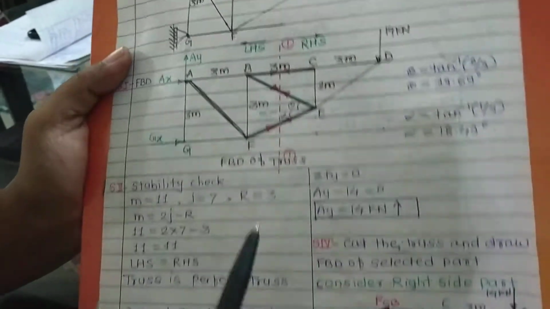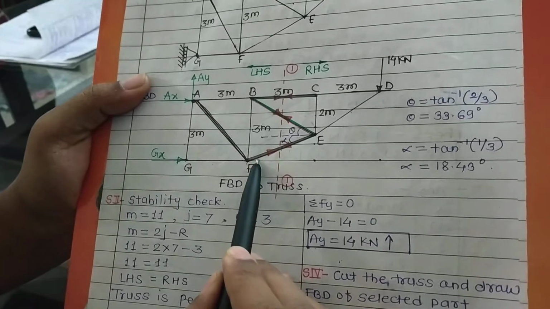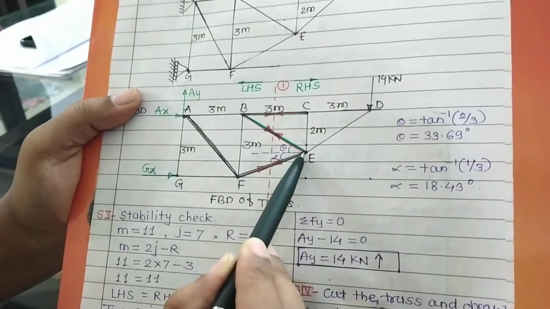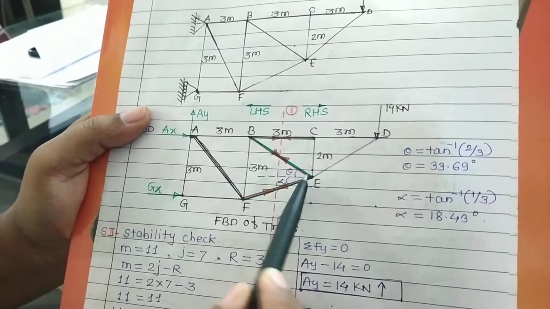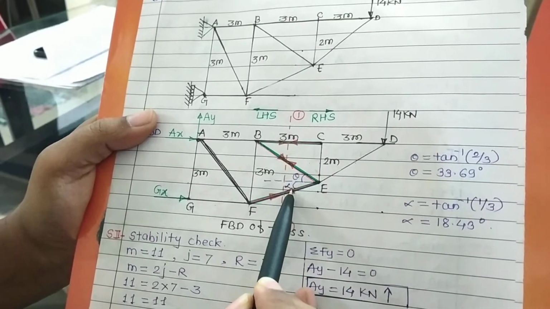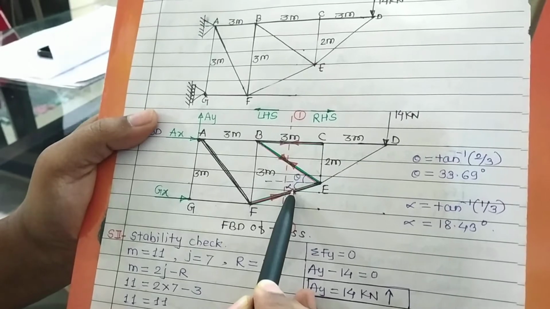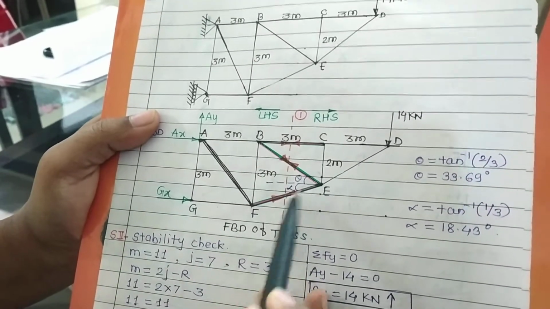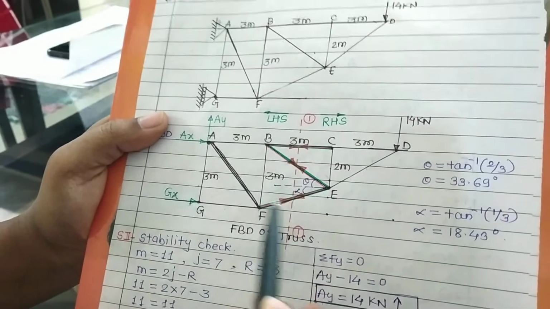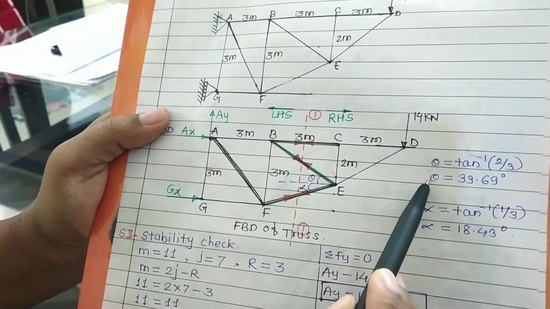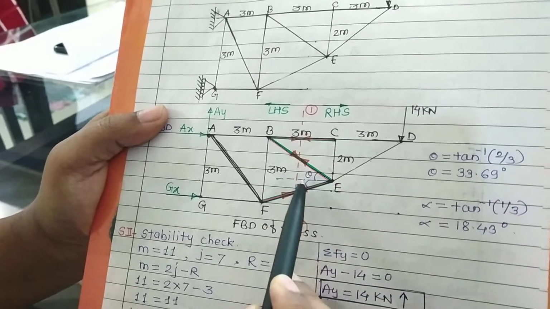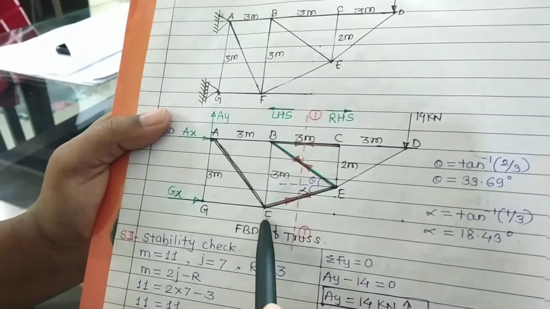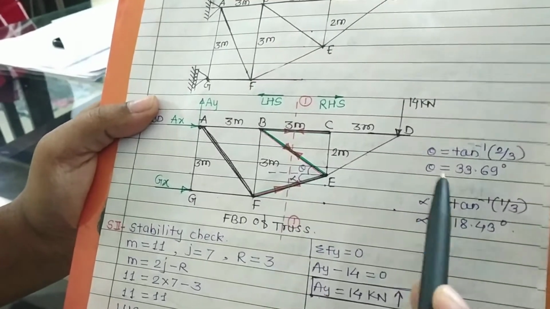Now, considering the free body diagram, BE is the inclined member amongst these three members which are asked to be found. So we need to find BE and EF's angle with respect to the horizontal axis X. I have mentioned BE angle as theta and EF angle as alpha.